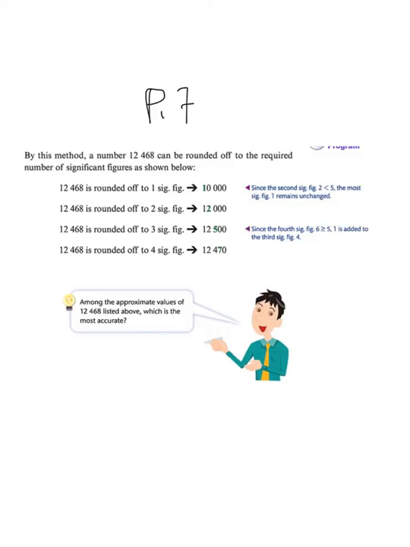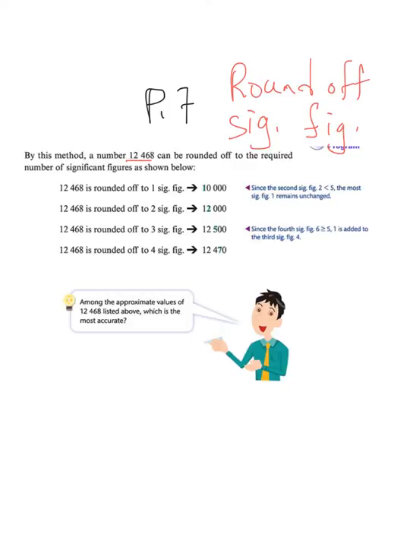If we are trying to round off some values, for example 12,468, using the concept of significant figure, because the wording of significant figures is so long, we can use sig. fig. to represent significant figures.